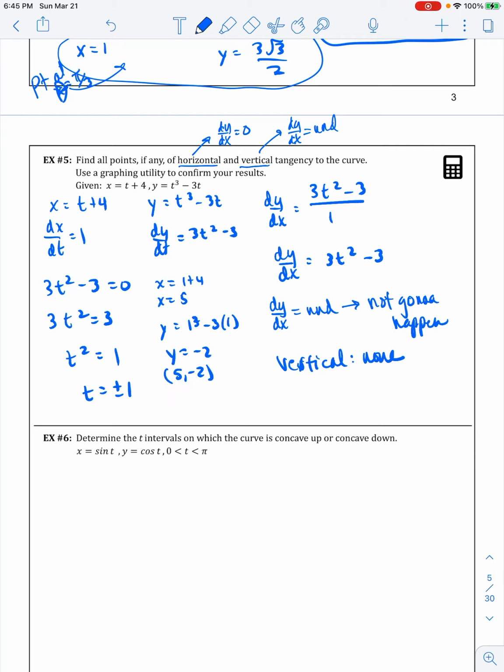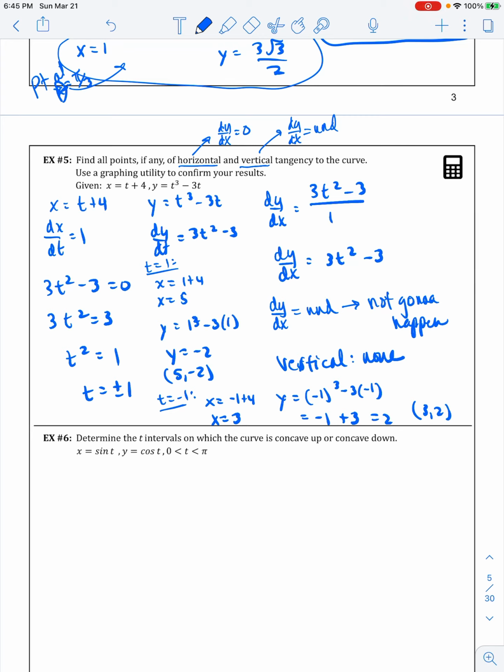So that's the point (5, -2) when t equals 1. And when t equals negative 1, x is negative 1 plus 4, so x is 3. y is negative 1 cubed minus 3 times negative 1, so that's negative 1 plus 3, which is 2. So that's the point (3, 2).